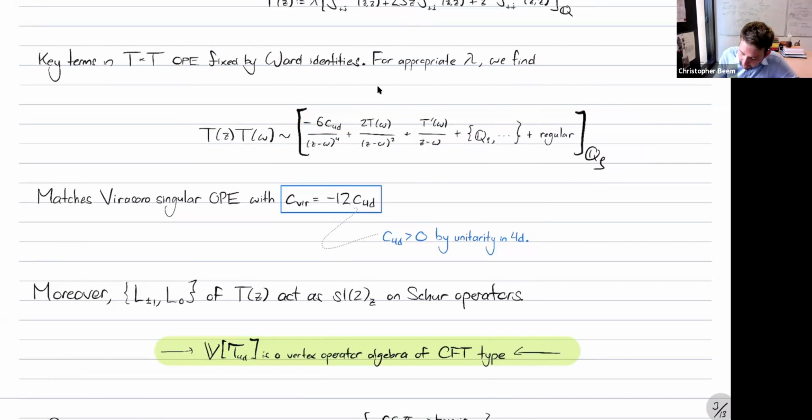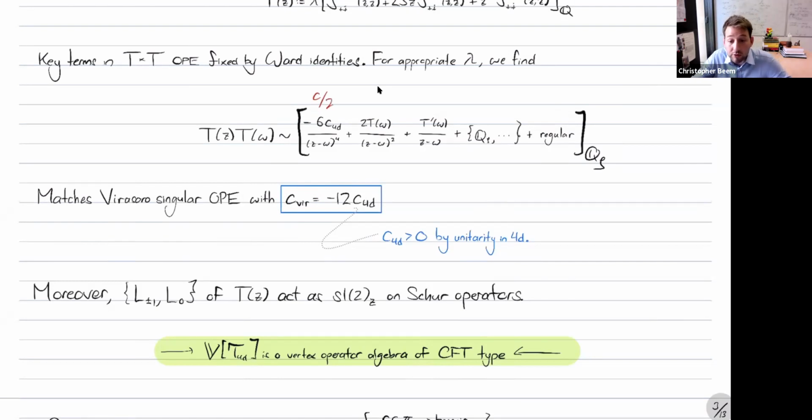And if you compare this expression to the canonical Virasoro vertex algebra OPE, it fits the bill up to a relabeling of coefficients where this C_4D gets related to the c central charge of the Virasoro algebra with a factor of -12. So in the usual Virasoro algebra, you would have c/2 in this place instead of -6 C_4D.